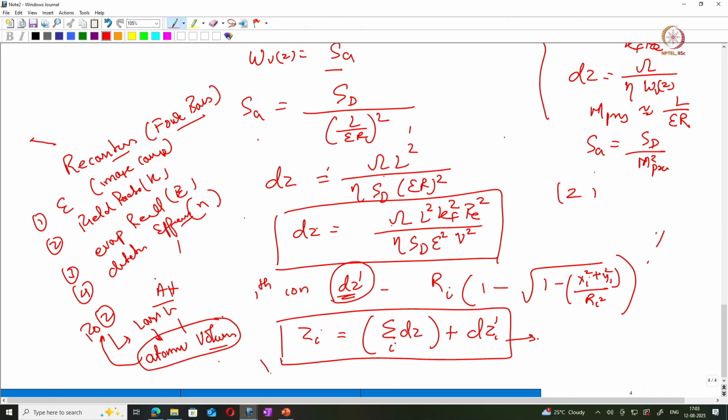Okay, so in this class we have explained the parameters which are needed to estimate the ion position on the detector, especially the x and y position, and the z position, which is calculated by the atomic volume.